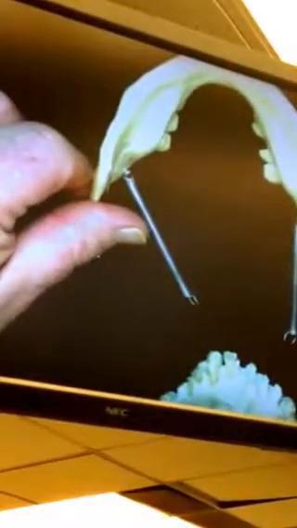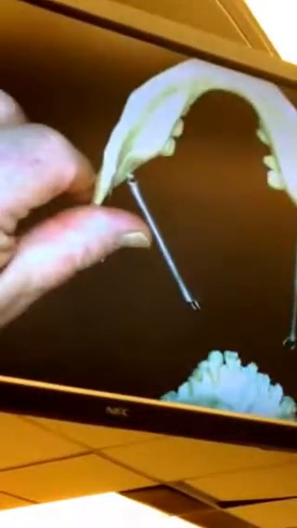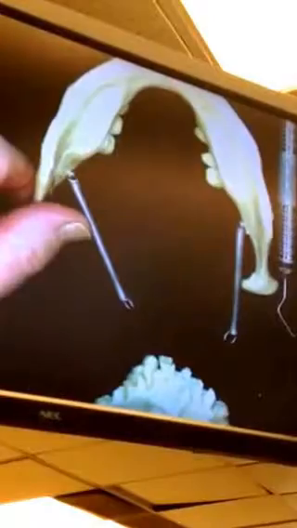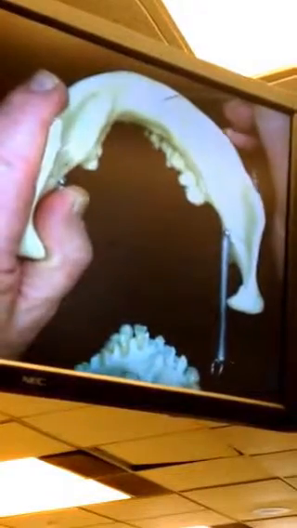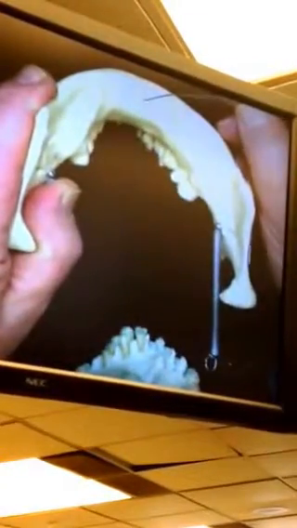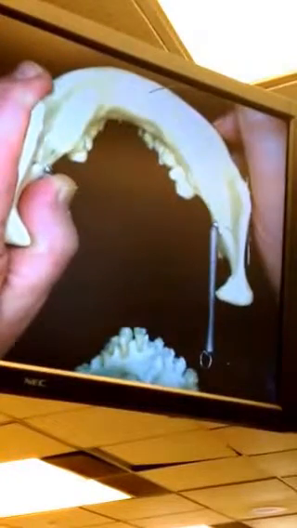Now, if we look at the underside of the mandible, this is the mandibular border out here. Here's the mylohyoid ridge or mylohyoid line in the front of the mandible. There are little bumps. I call them happy bumps, because they're named the genial tubercles or geniod tubercles.